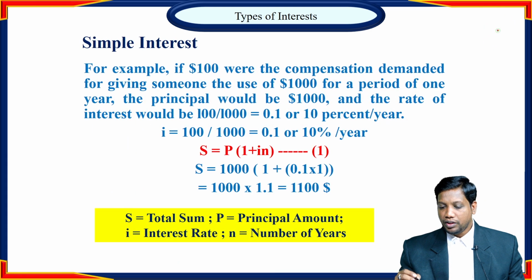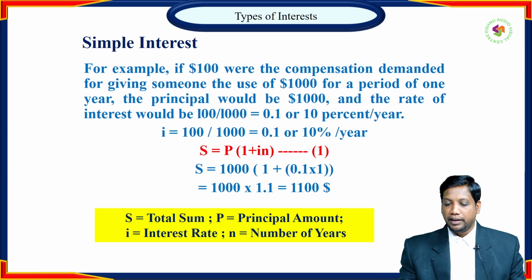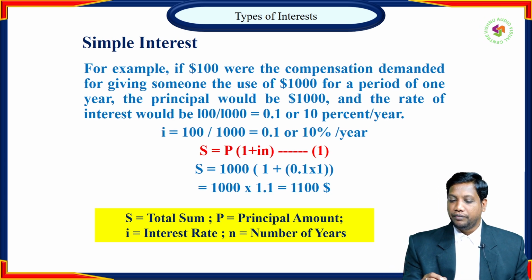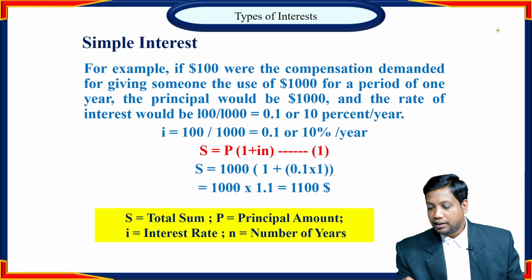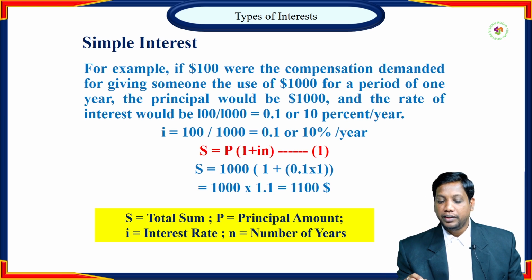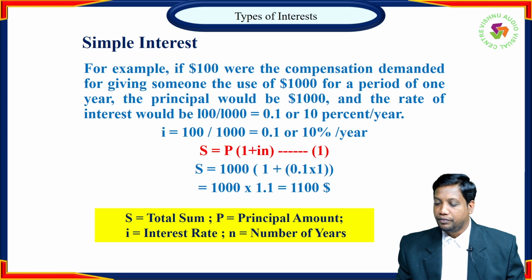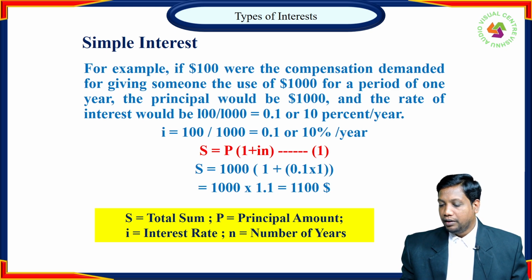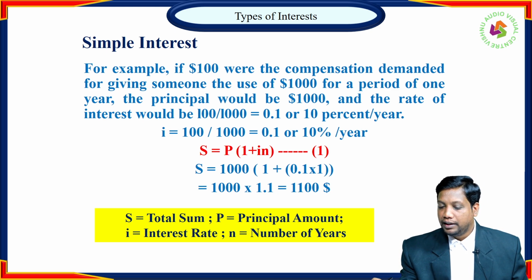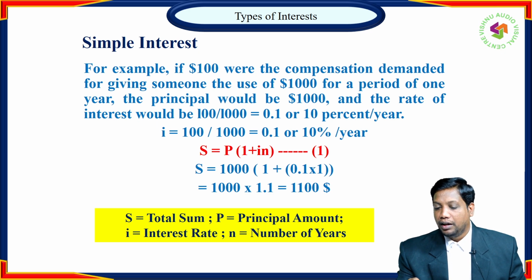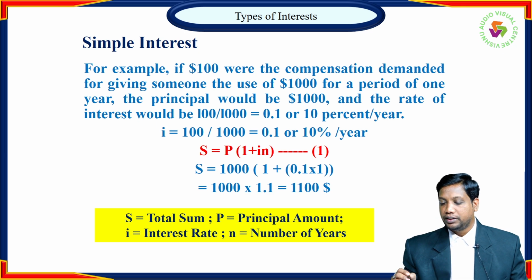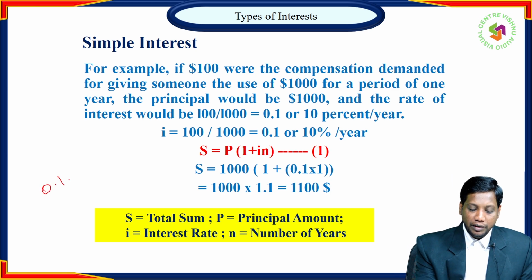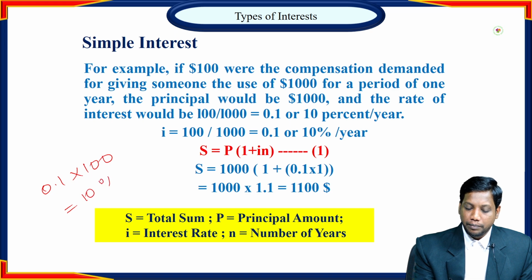For example, consider a case where $100 of compensation is demanded for the use of $1,000 for a period of 1 year. The principal would be $1,000 and the rate of interest would be 100 divided by 1000, that is 0.1 or 10% per year.